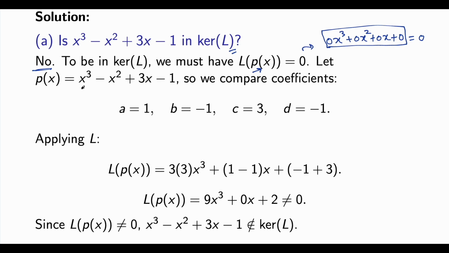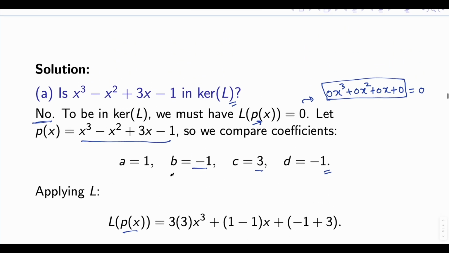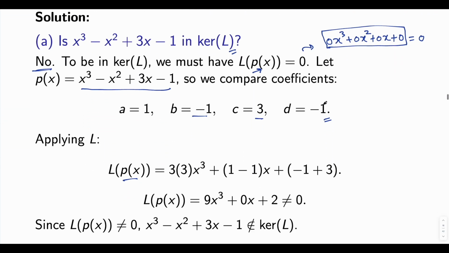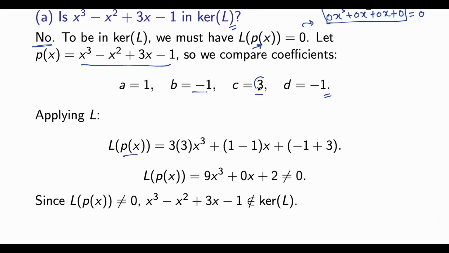So let p(x) be this polynomial. So apply the linear transform. After applying the linear transform, you will get to know what a is here: 1, b is here -1, c is here 3, and d is here -1. So when you apply the linear transform on p, you will get the coefficients, right? If you see the transformation, 3 times c into x cube, a plus b, and d plus c. So these coefficients you have already collected. So 3 times c, c is here 3.